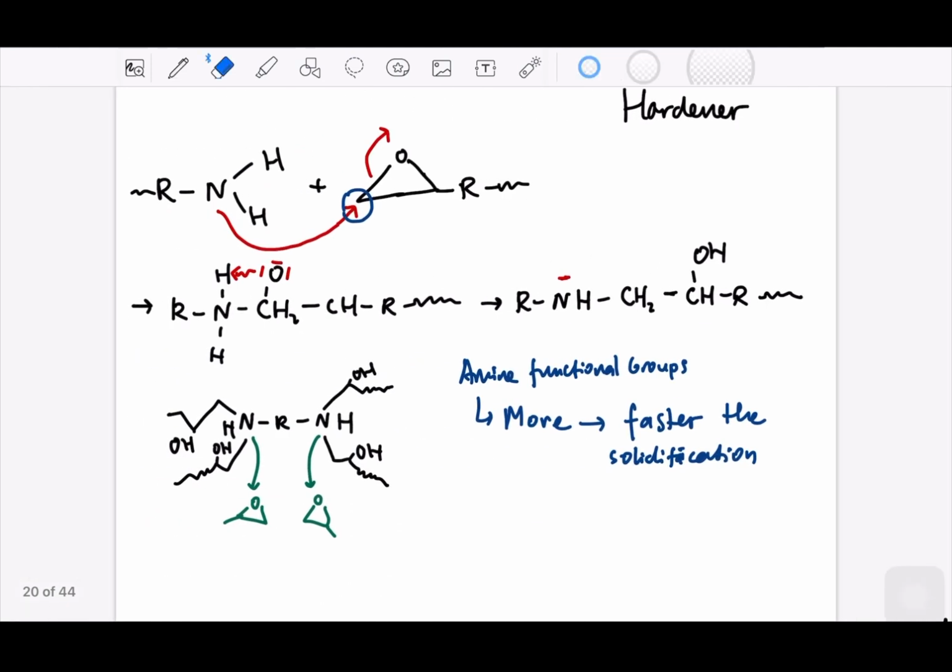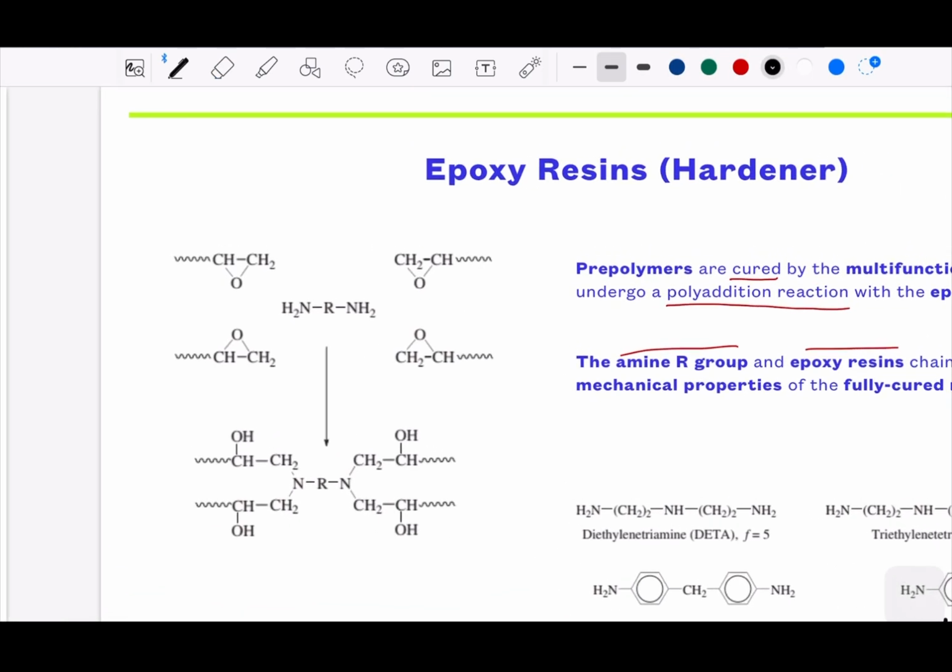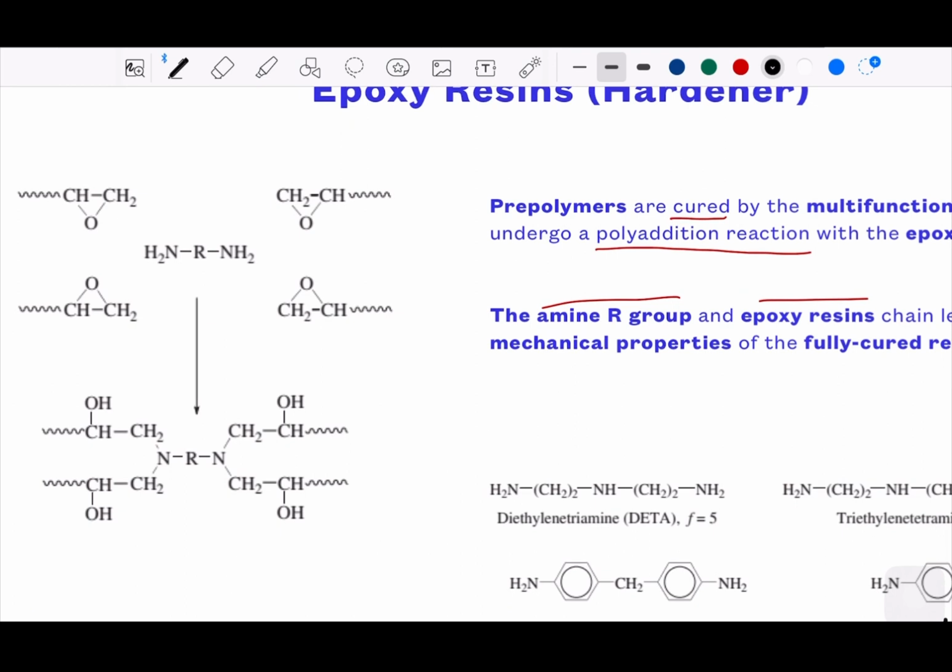And of course this H is going to be removed as well. I forgot to remove that. So it will be like this. So the epoxide is attacked here, it opens, and then it goes inside, and makes the OH here, the alcohols, from the oxygen from the epoxide, and reacts with the hydrogen from the amine. Yeah, the amine.